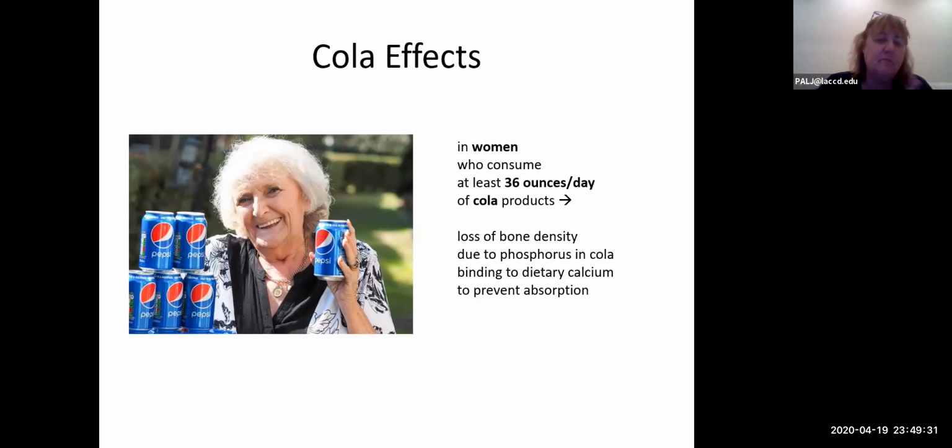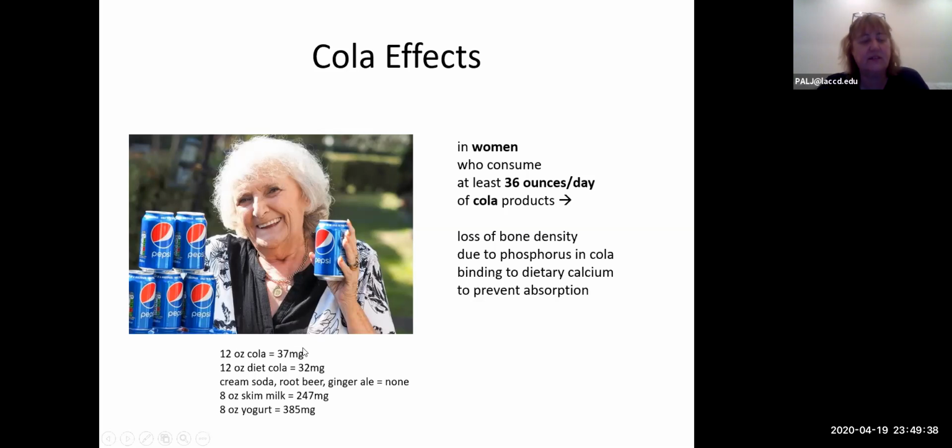And here's why I say bunk to this theory, because let's look at how much phosphorus is in one 12-ounce cola. It's 37 milligrams, and one Diet Cola is 32. This effect was not found in the Diet Cola drinkers, only the regular cola drinkers. So it's really 15 milligrams that make a difference.